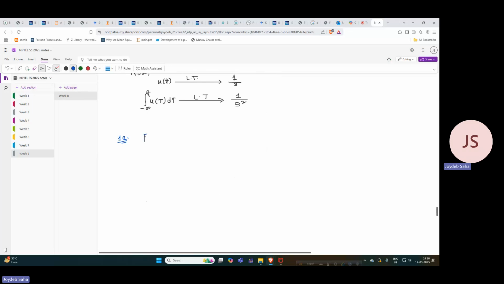Find the Laplace transform of u of t minus 1 convolution u of t minus 2.